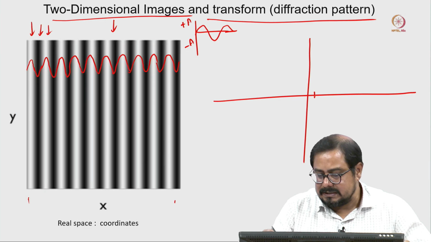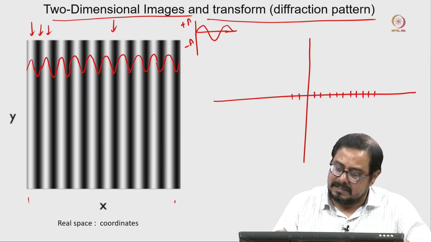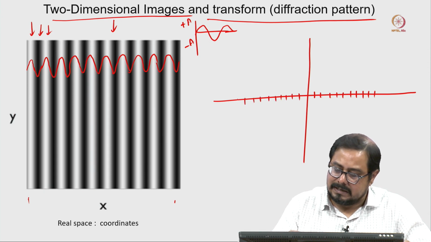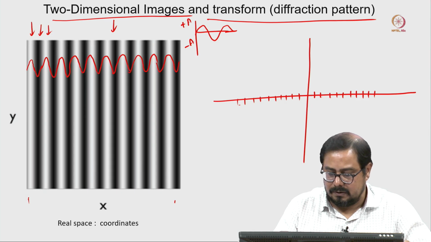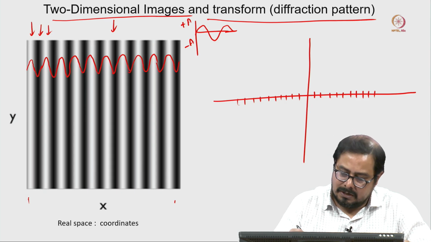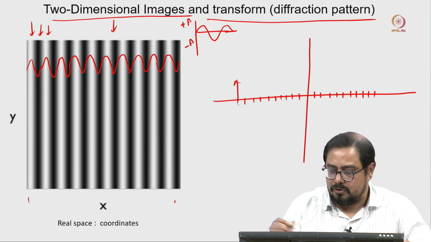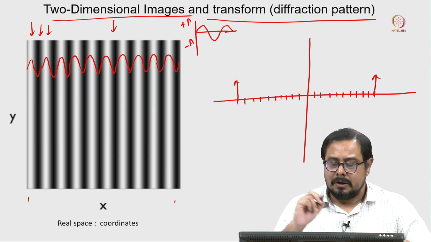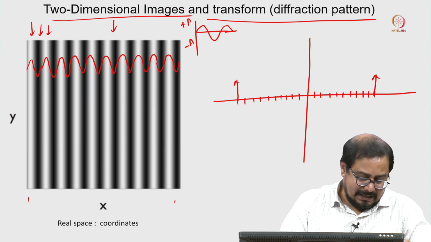So, I will just consider 1, 2, 3, 4, 5, 6, 7, 8, 9, 10. Same thing in this direction also: 1, 2, 3, 4, 5, 6, 7, 8, 9, 10. So, we will plot this one to bright spot.